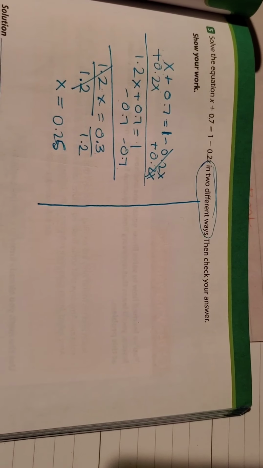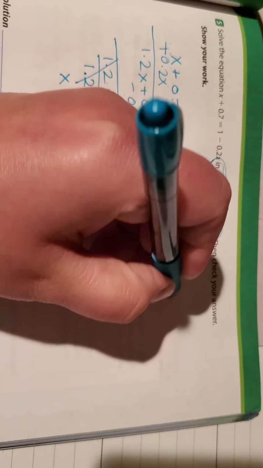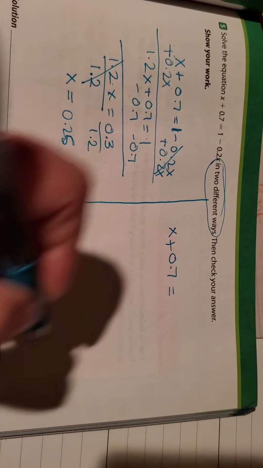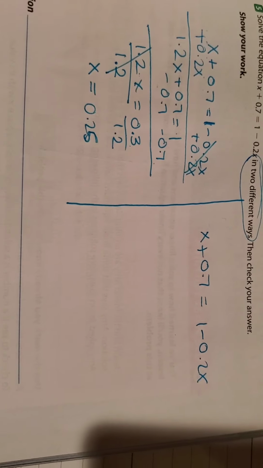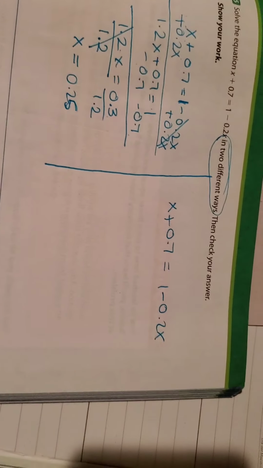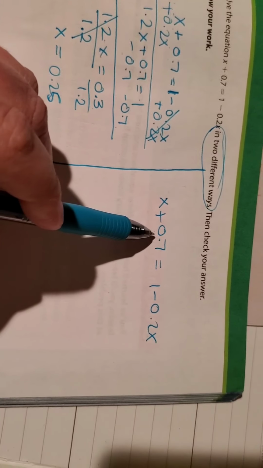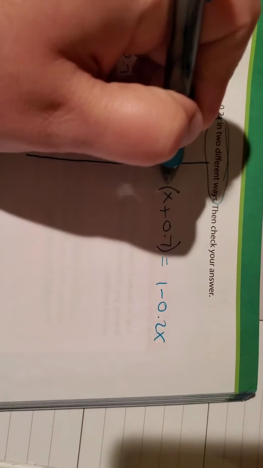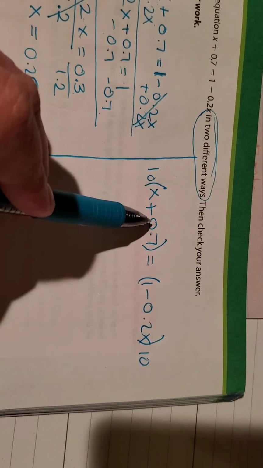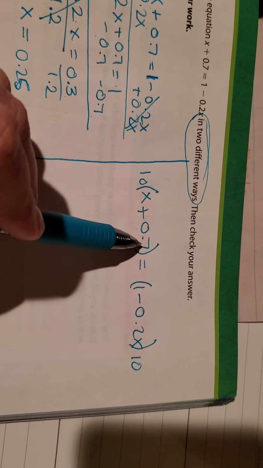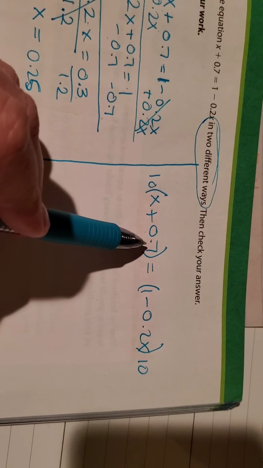So I'm going to go back up to the top and rewrite my equation. x plus 0.7 equals 1 minus 0.2x. So one trick when you're working with decimals in order to get rid of the decimal, you can multiply by 10 on both sides, usually 10 or 100, depending on how many digits are after the decimal.